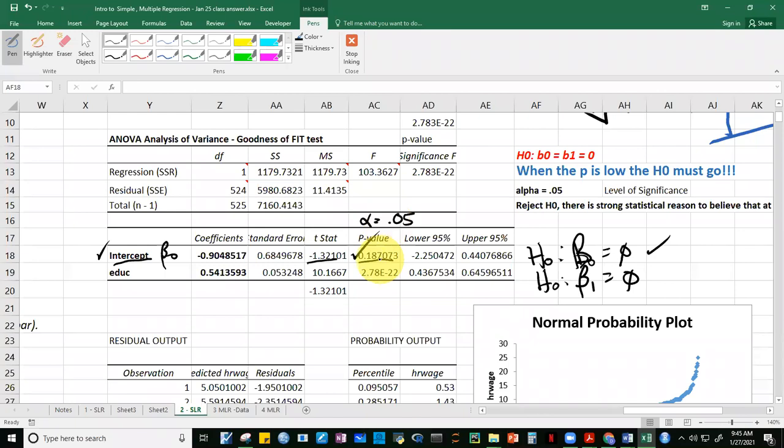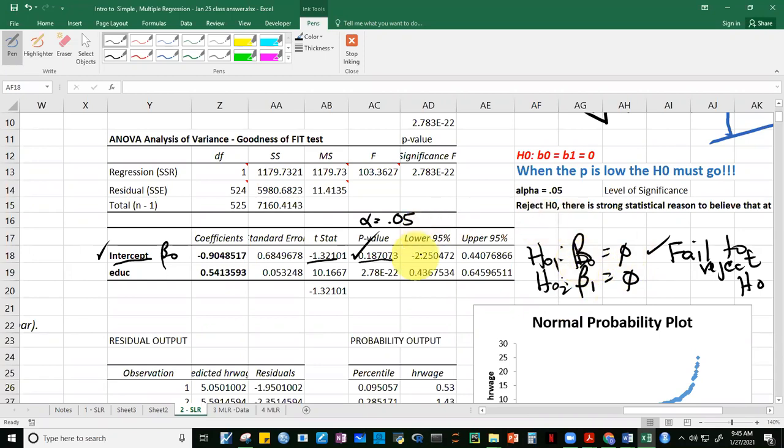When the p is low. But this is greater than alpha, so ang conclusion natin, we fail to reject our null hypothesis. H0, we fail to reject this null hypothesis that H0 or beta sub 0, which is intercept, is equal to 0.